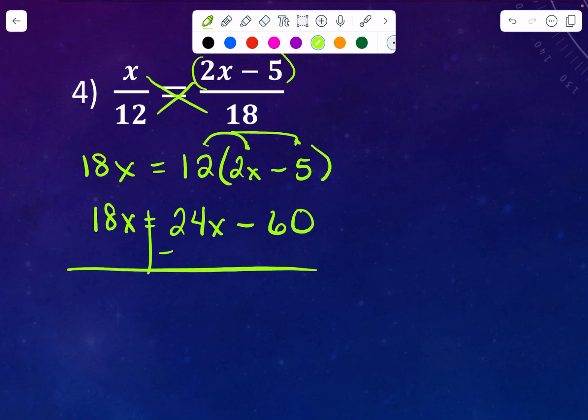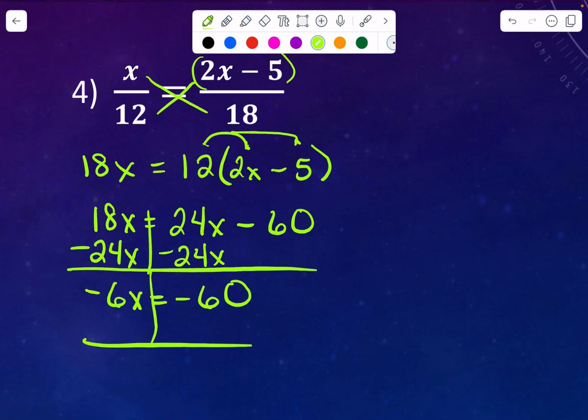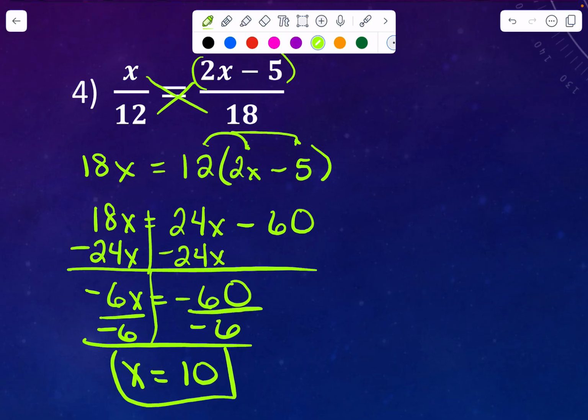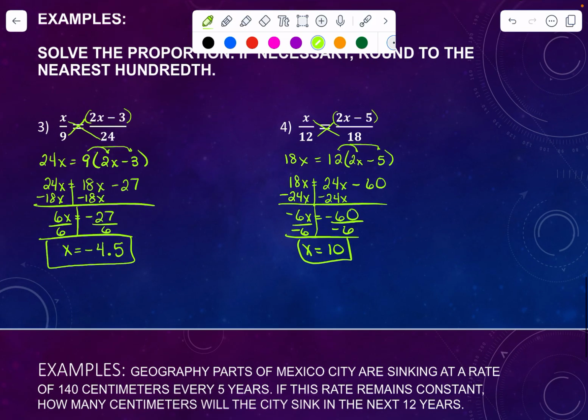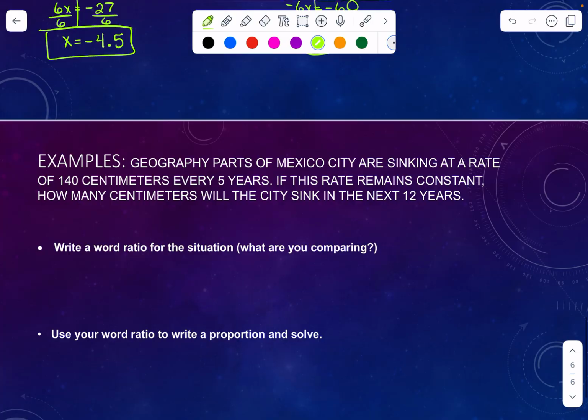Now I'm going to subtract 24x from both sides, and then I simply divide by negative 6. And I'm left with x equals 10. And that's how we solve a proportion. If we have two fractions equal to each other, just cross multiply, set that equation up and solve it like normal.